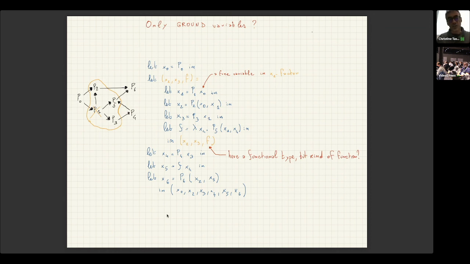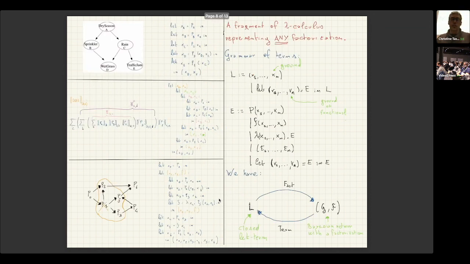So this expression here, which is a perfectly well-defined expression in lambda calculus, if you interpret it in a denotational semantics, gives rise to exactly the same algebraic expression that you have by applying the variable elimination algorithm and eliminating the variable P1 on that Bayesian network. So in general, here you have the syntax of the terms that we need in order to represent any factorization.